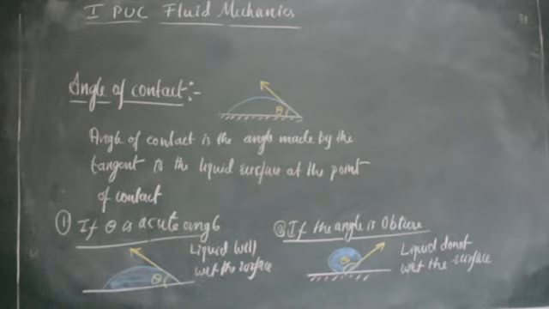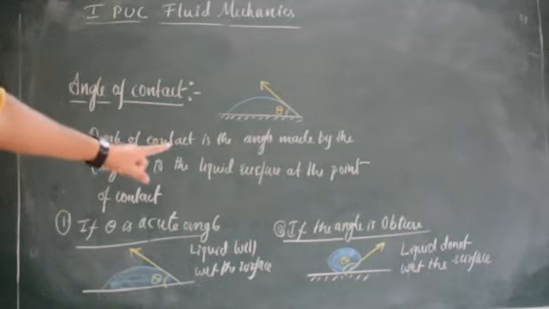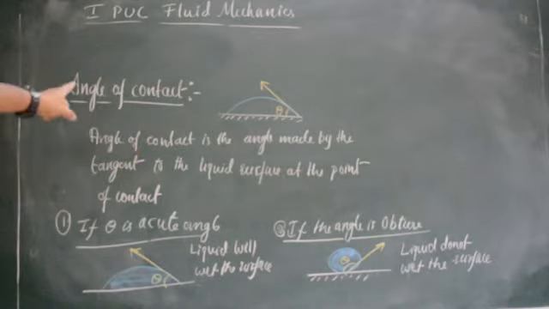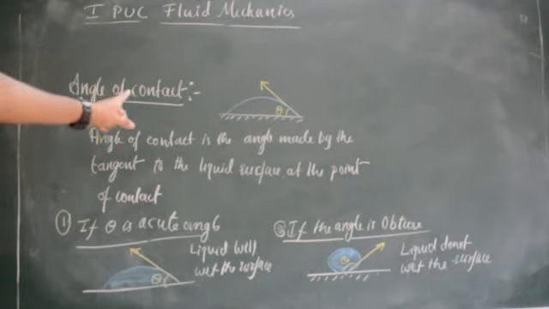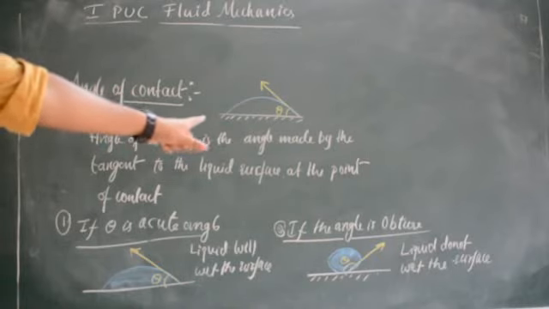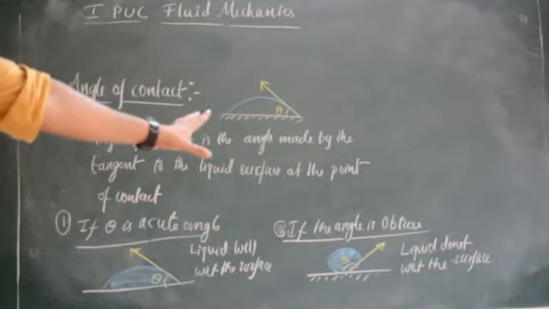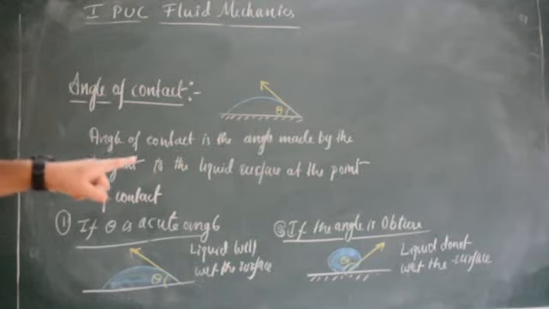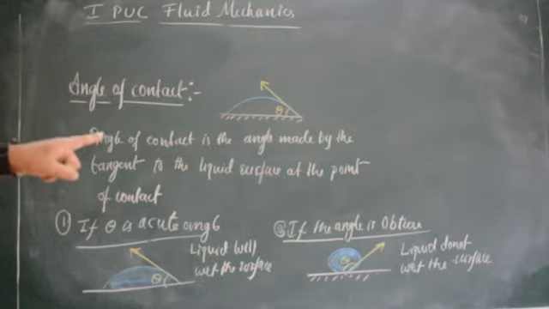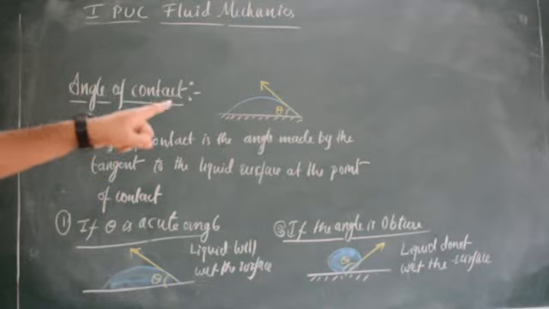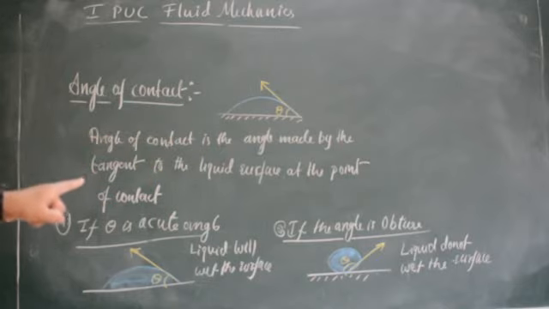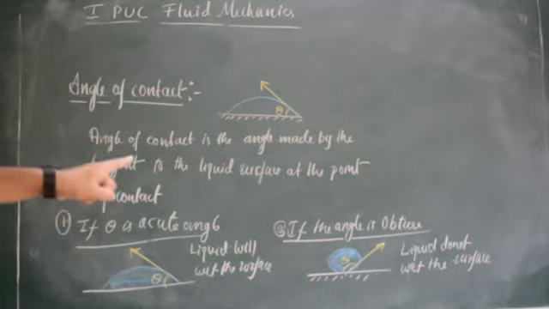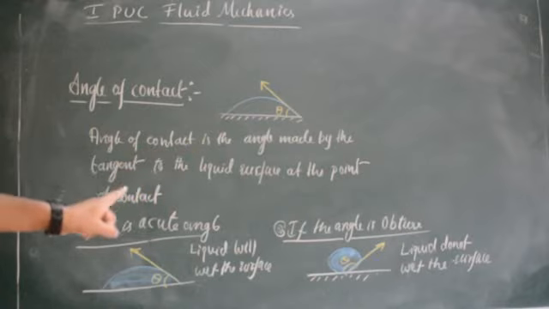Okay, students. So you can see there, initially we discussed angle of contact. Just the basic diagram, of course it is less than 90, an acute angle, but generally speaking. So the basic diagram is mentioned there, and the definition of angle of contact: it is the angle made by the tangent to the liquid surface at the point of contact.